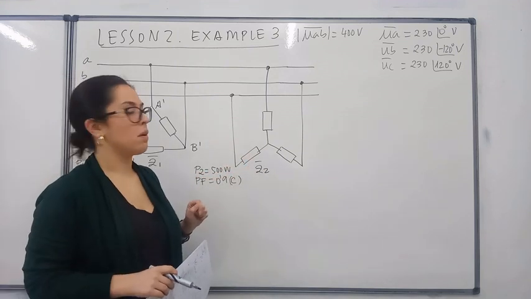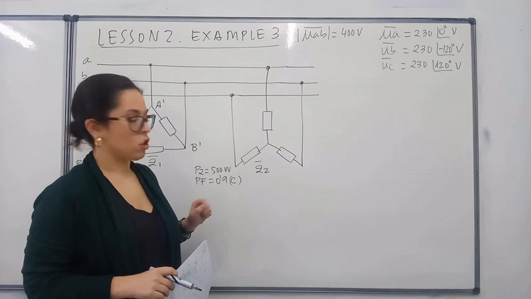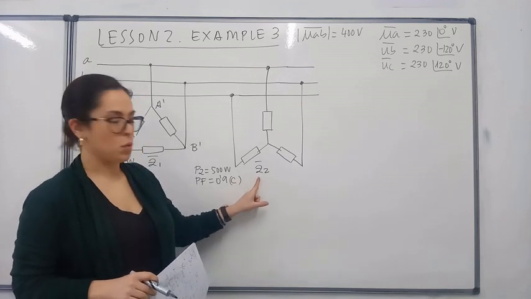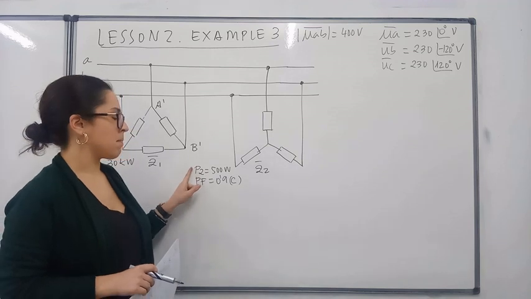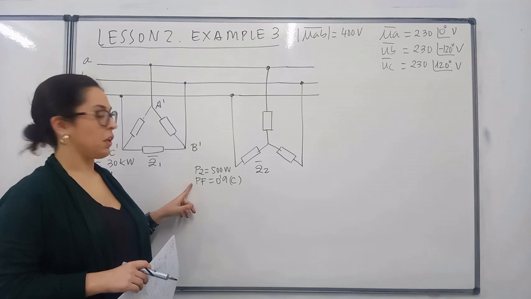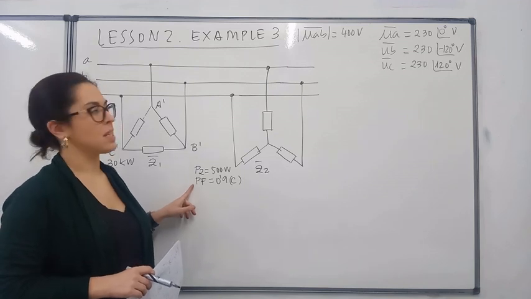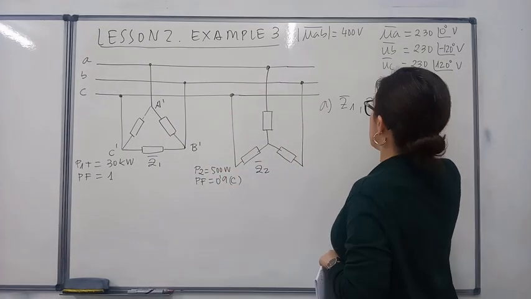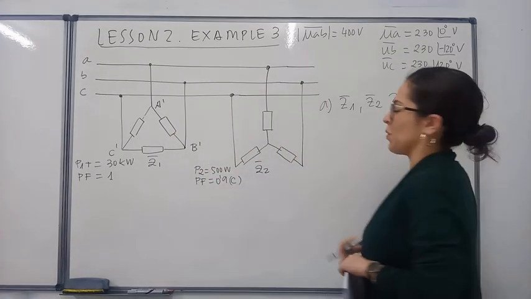Here we have another load in star connection. There we know that their impedance is Z2 and their active power is 500 watts and their power factor is 0.9 capacitive.